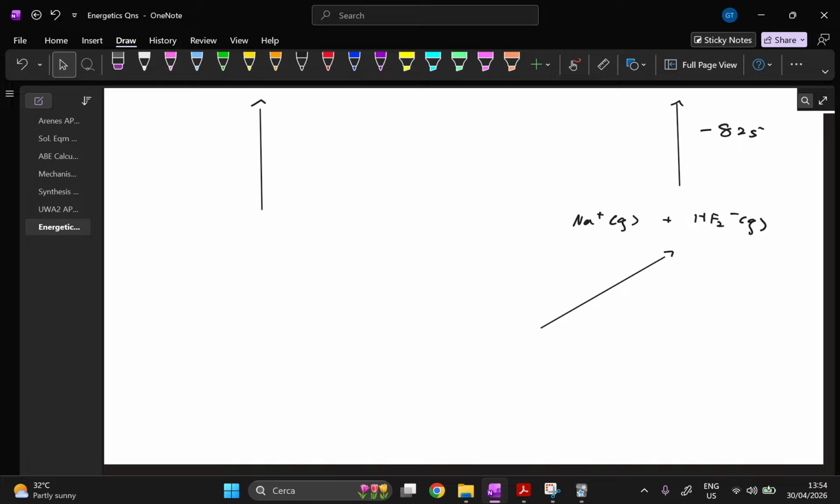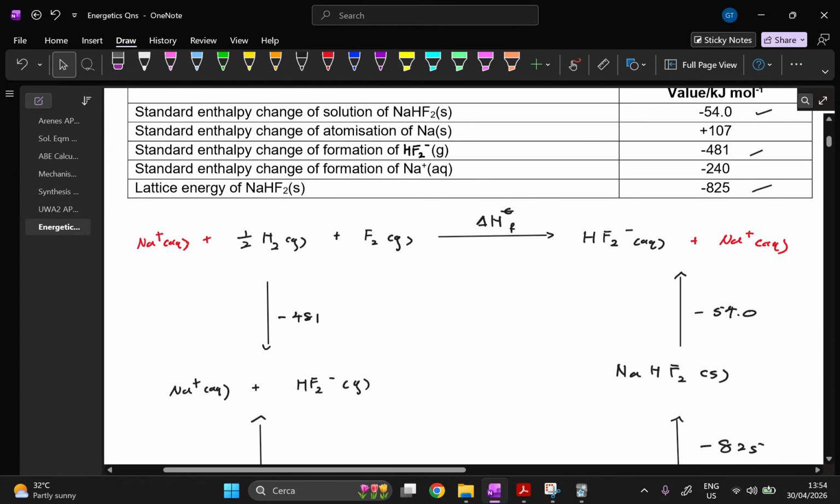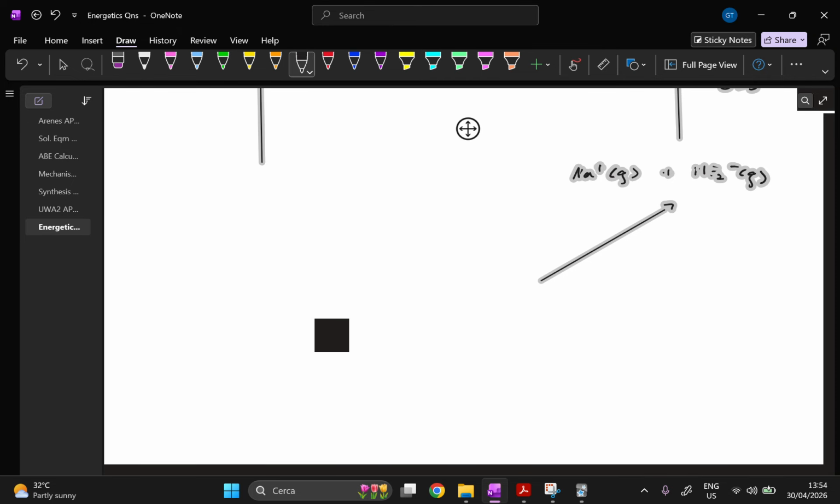Anyway, let's focus on this arrow first. This one, obviously, you can use this. No, it's not obvious. In order to get from Na gas to Na⁺ gas, so I start from no charge to one charge, keep it in the gaseous state. My HF2⁻ gas does not react.